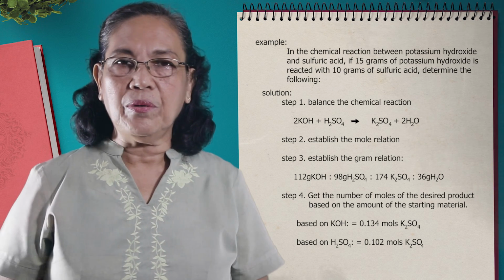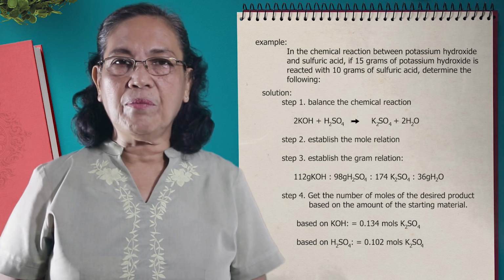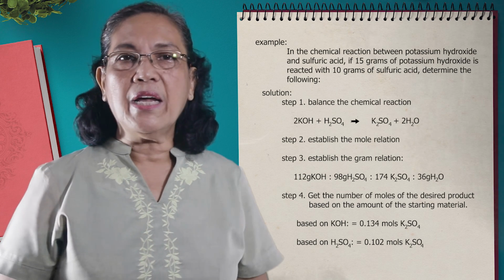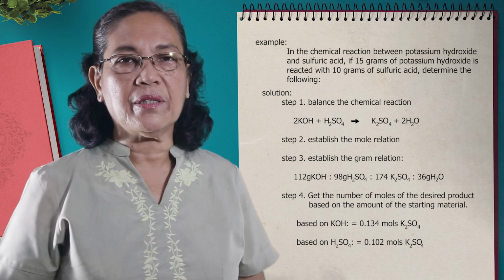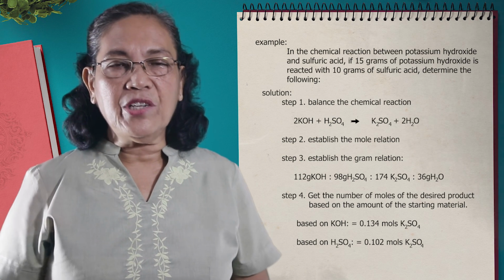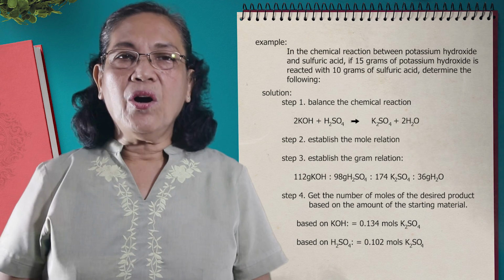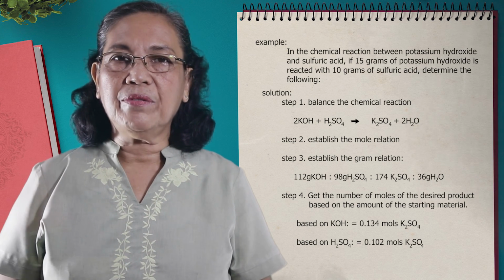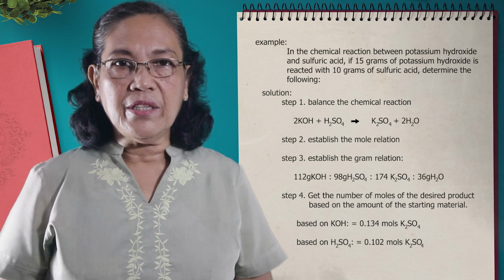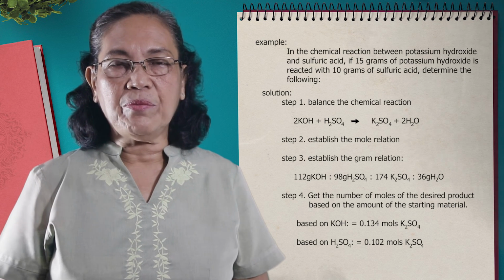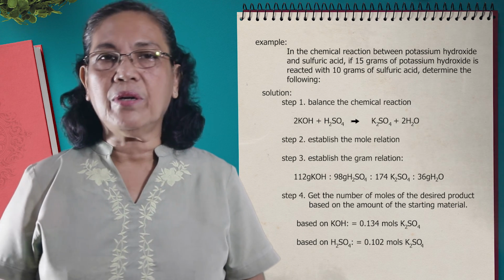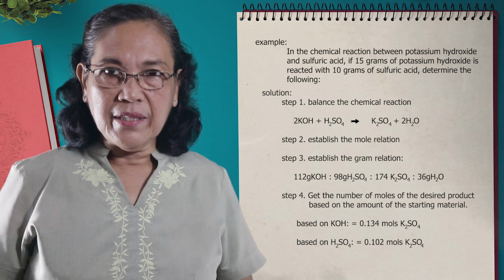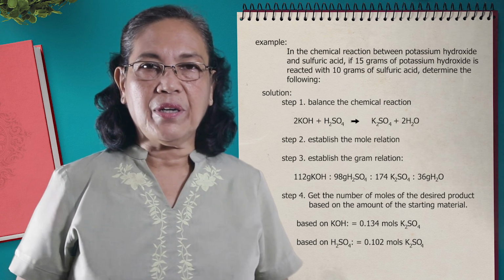Since there are 2 moles of water formed, multiply 18 by 2, and that gives us 36 grams of water. So your gram relation will look like this. 112 grams of potassium hydroxide is to 98 grams of sulfuric acid, is to 174 grams of potassium sulfate, is to 36 grams of water.